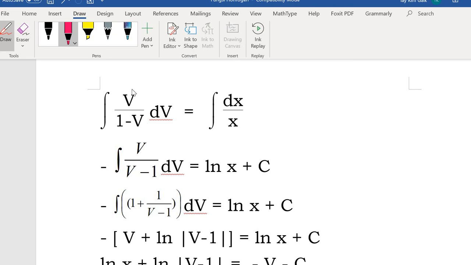You notice the quotient function, you have the same degree, v power 1, v power 1. So here I factor out the negative, so my denominator become v minus 1, so v power 1, v power 1. And then you use what we call the long division, because when you have the rational function, quotient function with the same power, you have to do the long divisions.